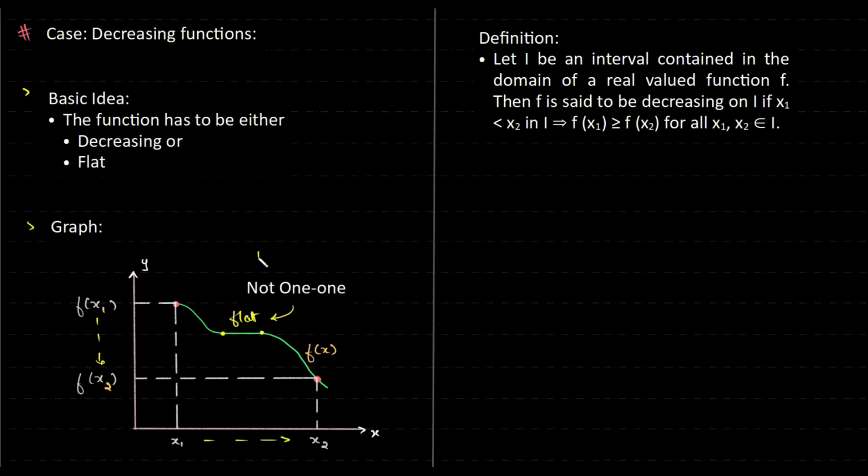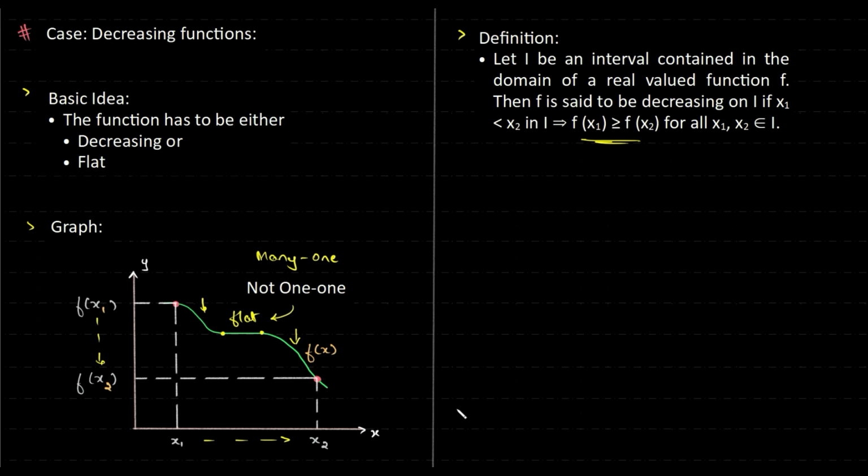It is many to 1. That possibility is there. It can be decreasing in some part, flat in some part, again decreasing. So this pattern is possible. As a definition, f of x1 is always greater than or equal to f of x2.